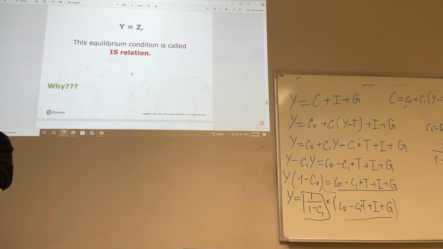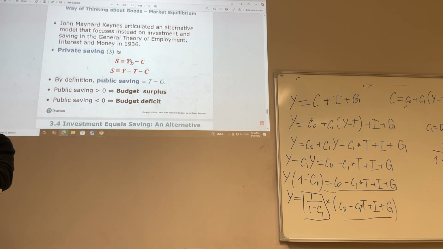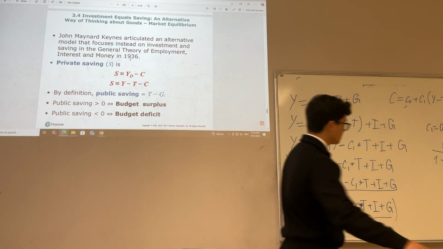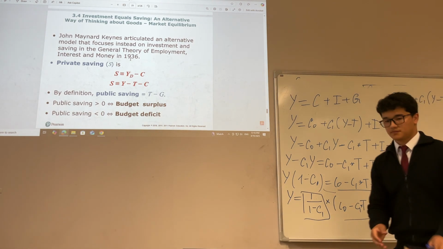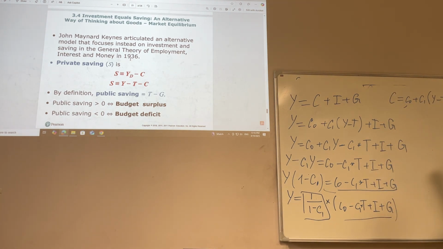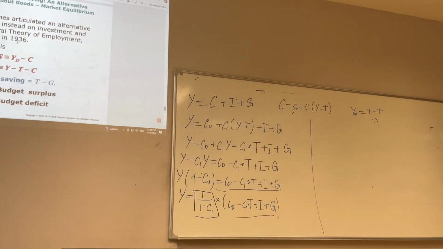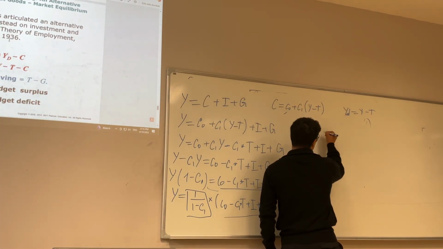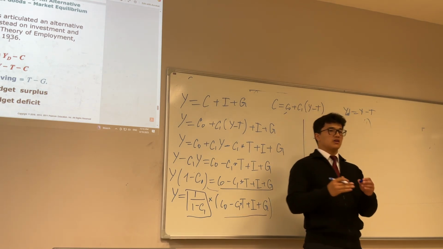Now the IS relation, investment equals savings, guys. Now we're dealing with another topic. I will write about private savings. Private savings is equal to income after tax minus our consumption.